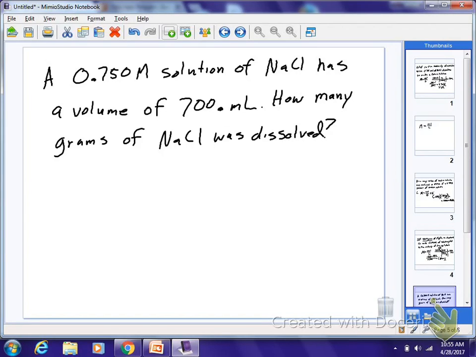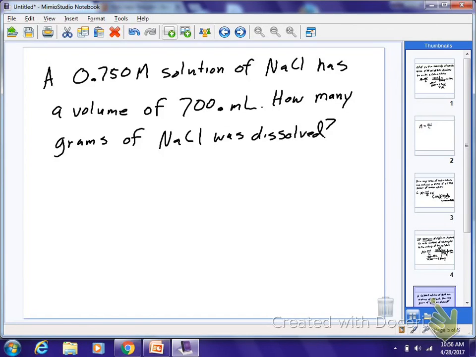You got 0.525 moles, right? Then you took moles times 58.44 and you got your grams. It was 30.7, correct?